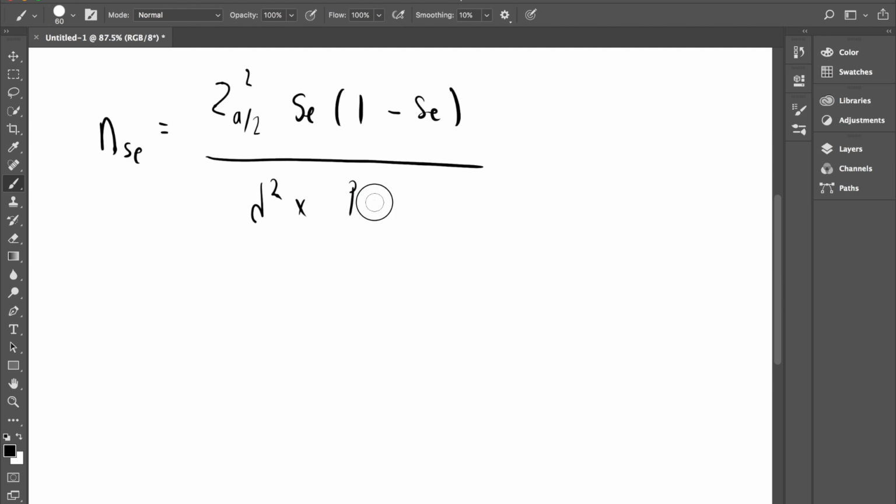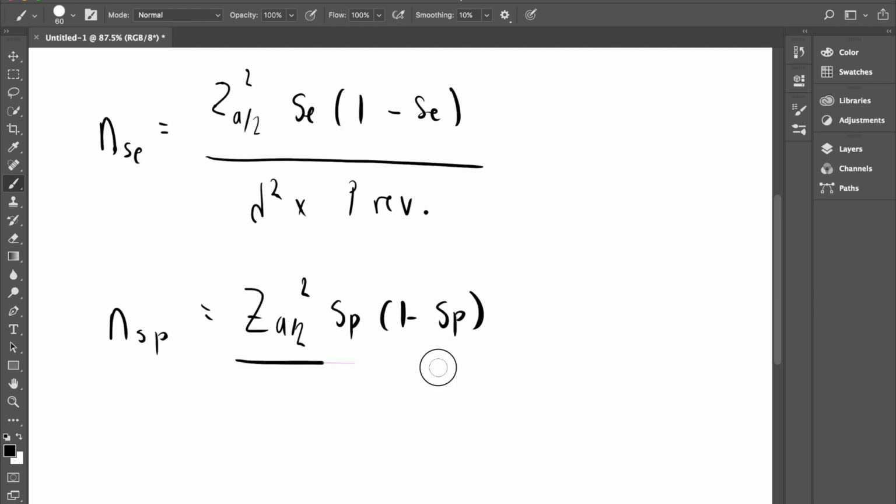And I'll explain what D squared is in a bit. And then sample size for specificity is similar: Z alpha over 2 squared times specificity times 1 minus specificity, and we're going to divide that by D squared times 1 minus prevalence.